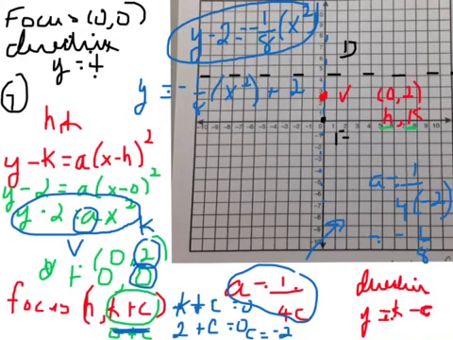How about 4? If I plug in x is 4, that would be negative 1 over 8, and 4 squared would be 16, plus 2. Well, negative 1 over 8 times 16 would be negative 2 plus 2, which would be 0. So if I plug in 4, I get 0.